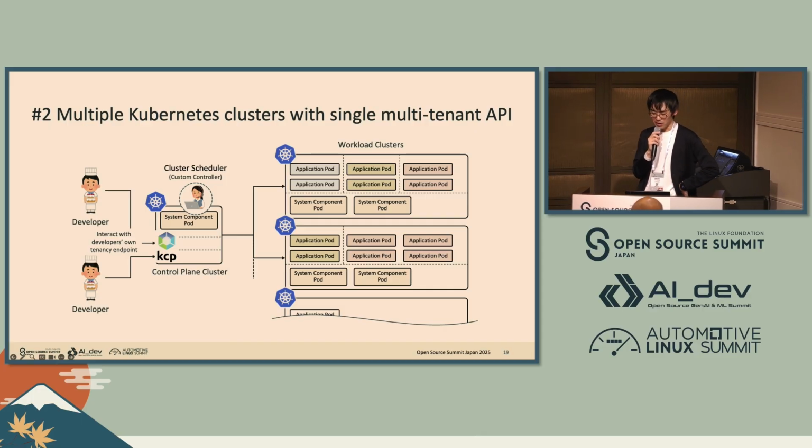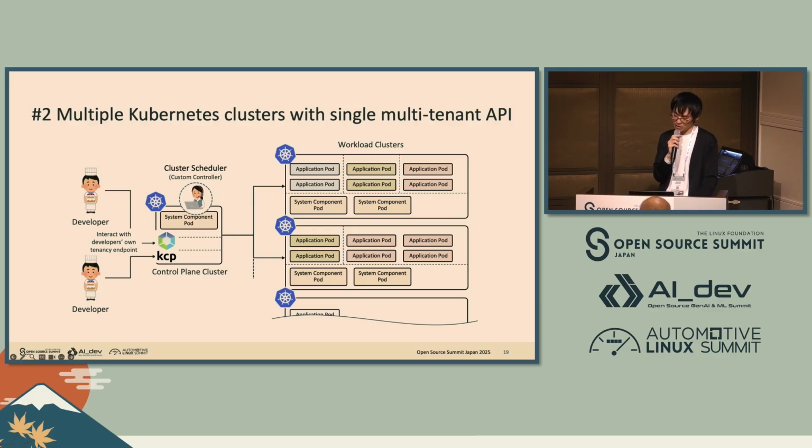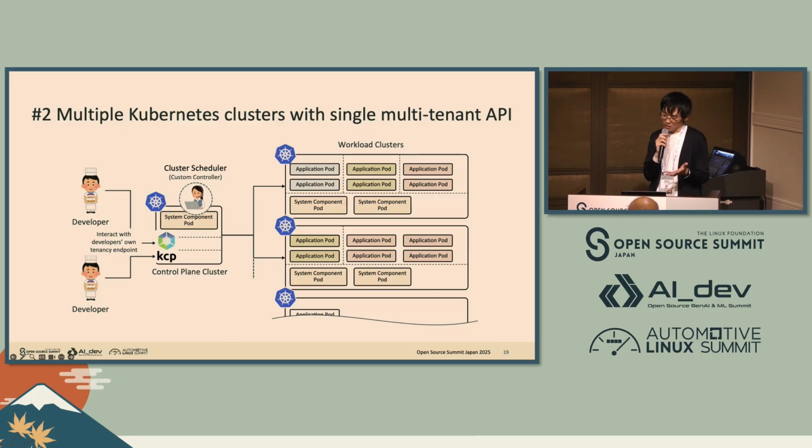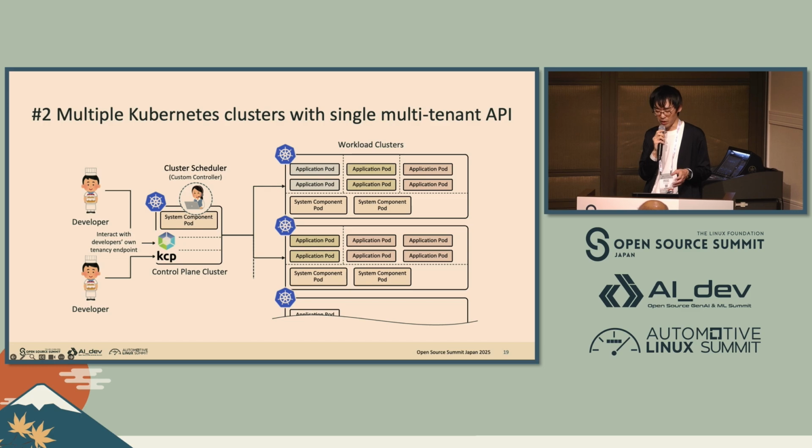The control plane cluster can be implemented with Kubernetes plus a custom controller, but there is also a CNCF project called KCP. KCP is an open source project that provides an API server similar to the Kubernetes Kube API server, but with features designed specifically for multi-tenancy.